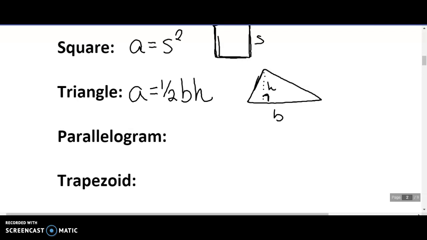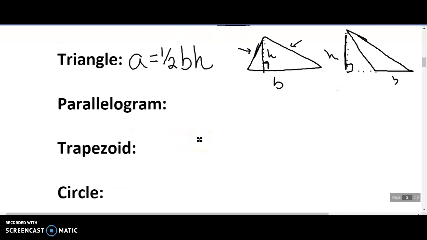Okay, so this would be the height. Remember, this is not the height and this is not the height. This would be the height of our triangle. And if we had an obtuse triangle, something like this, where we obviously couldn't measure, what we're going to do is go off to the side, and this right here is going to be the height, and this would be the base.